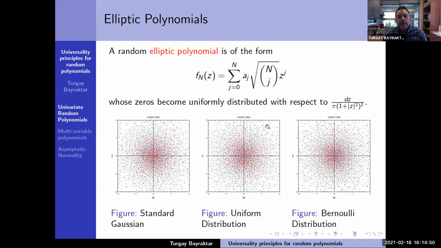But the picture this time is quite different from the previous one. In this case, the zeros of random polynomials of this form are equidistributed with respect to the normalized Fubini-Study measure on the Riemann sphere. Okay.